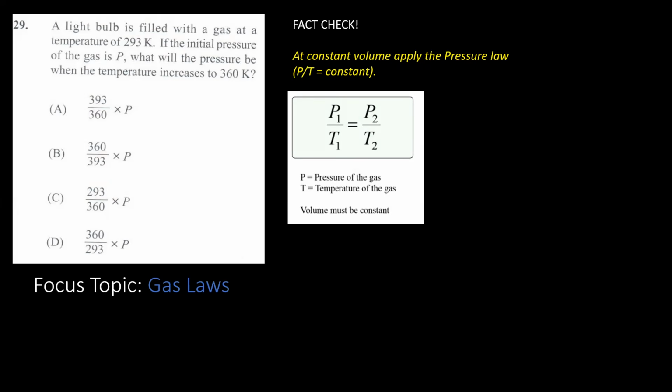So therefore, we transpose for P2 in this equation, and that will give us 360 over 293 times P, which is the initial pressure. So that's D.